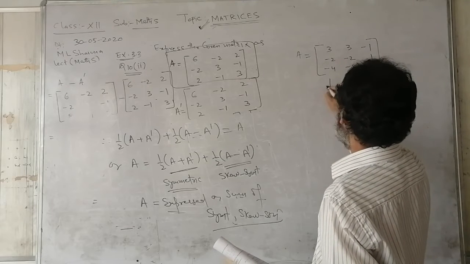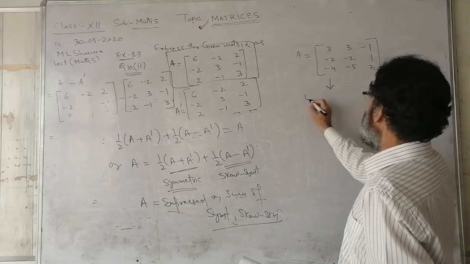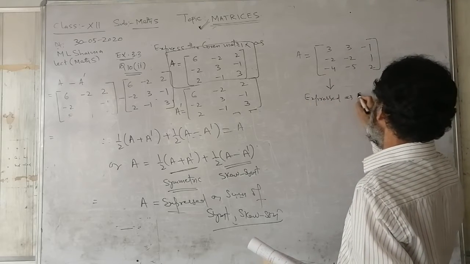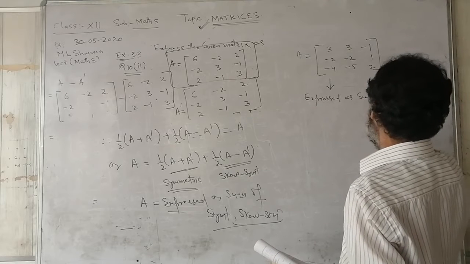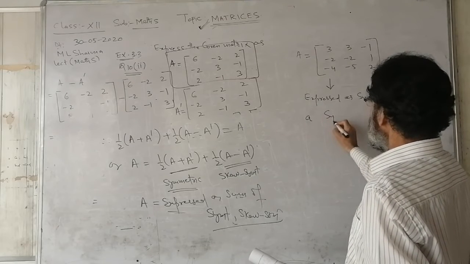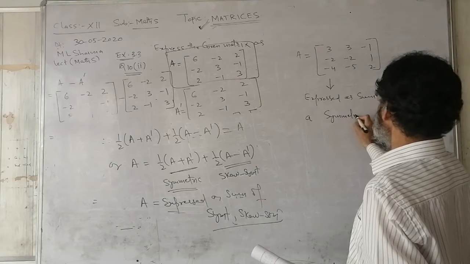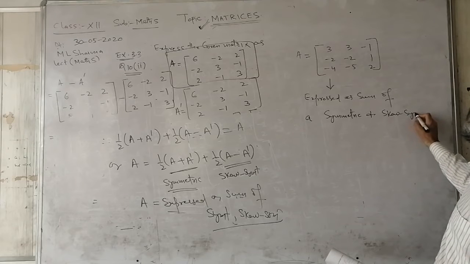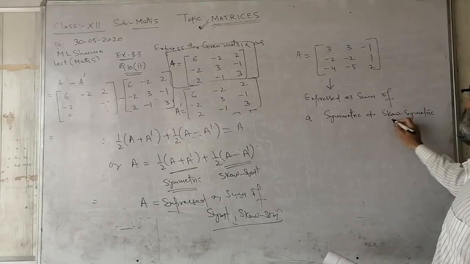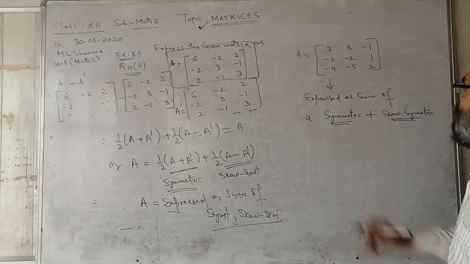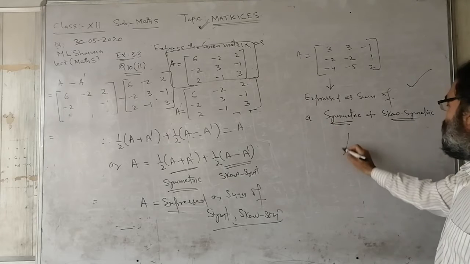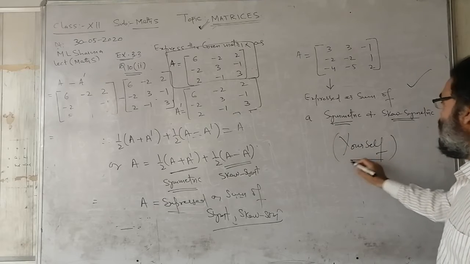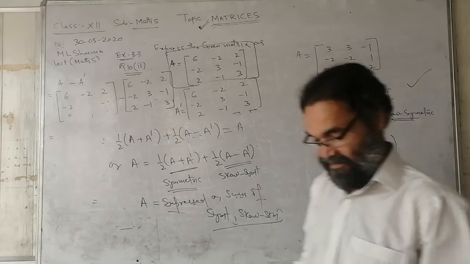You have to show that it can be expressed as sum of a symmetric and skew symmetric matrix. In the same way you will solve this question yourself. So this finishes this exercise.